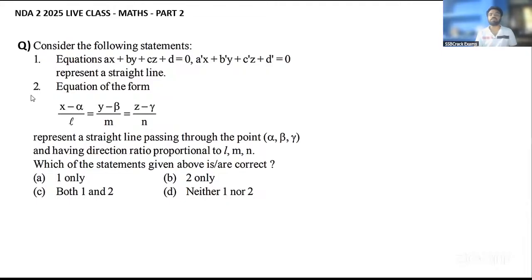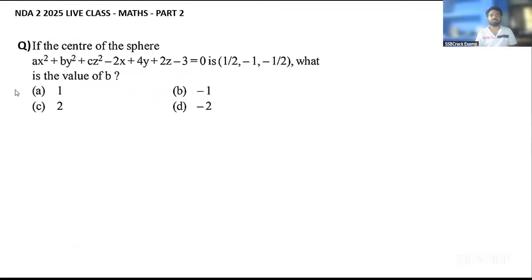So both were the definitions of equations of lines for particular cases only. So both the statements are true. It means that statement 1 is true and statement 2 is true, which is the option number. Okay. All right. So now let's move to our next question.